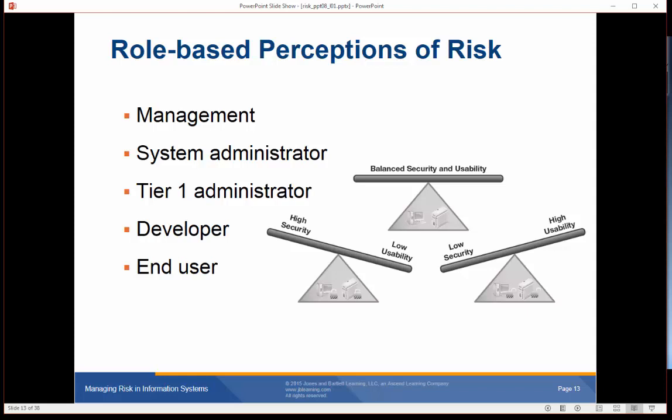As you see, systems administrators are the specialized folks that work on the email servers, the domain servers, the web servers. They have a particular specialty or expertise to operate those. Tier 1 administrators are more like your help desk type persons, like when someone calls and they can reset a password, simple functions.